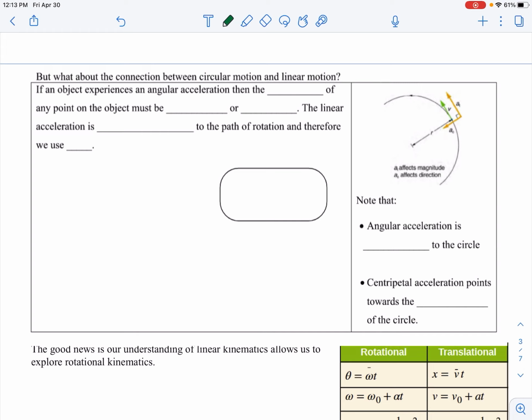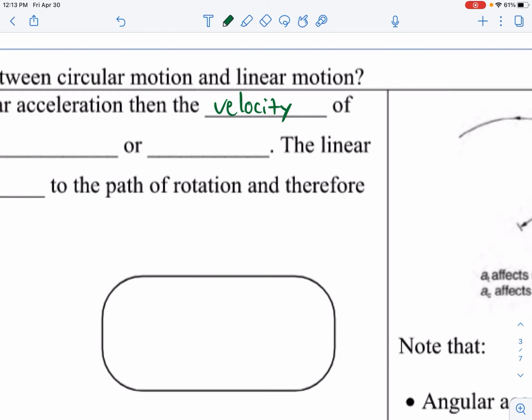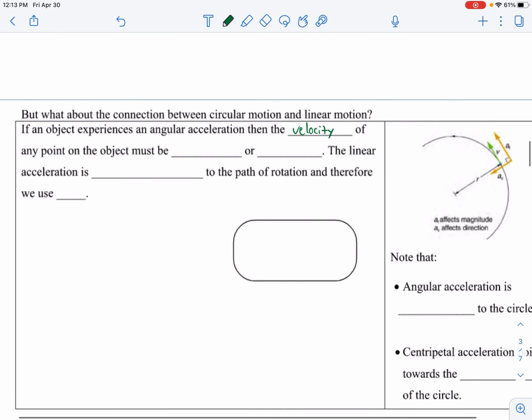All right, so we're going to talk a little bit about the connection between circular motion and linear motion here. If an object experiences an angular acceleration, so the wheel or circle or whatever it is is going to be increasing its angular velocity, we know that the velocity of any point on the object must be increasing or decreasing.